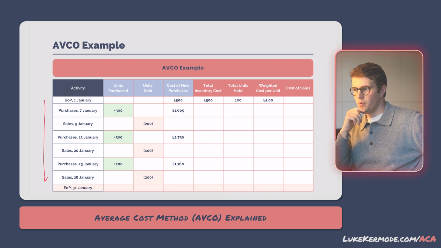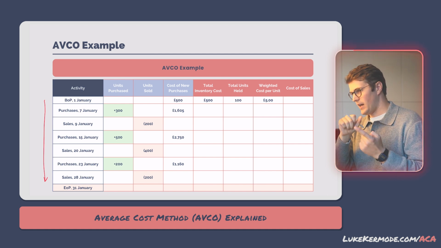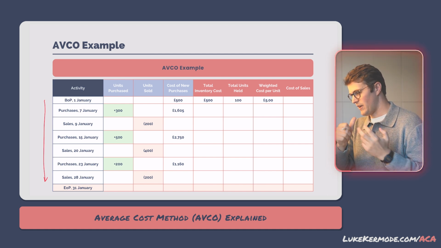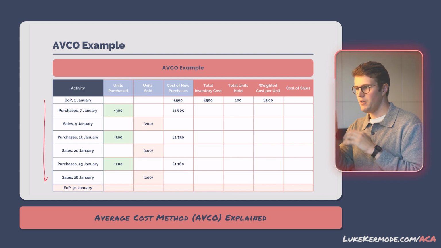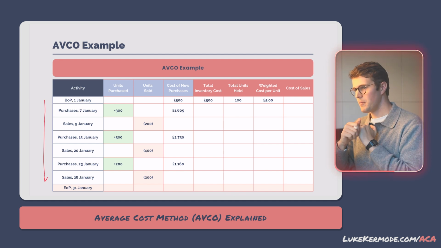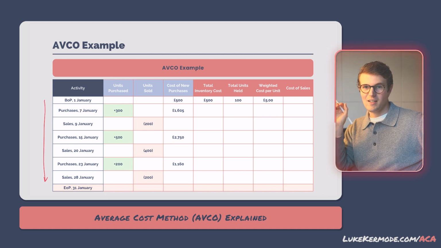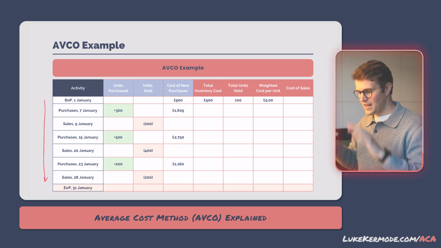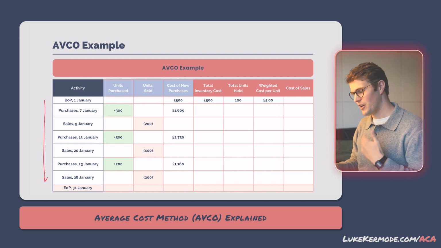Whereas in the columns, we've included all the key data points we need to calculate. Things like total inventory cost, units held, weighted cost per unit, cost of sales for the period. So if you're presented with an average cost question, sketch out a table that looks just like this, follow the method that I'm about to go through, and you can't really go wrong.